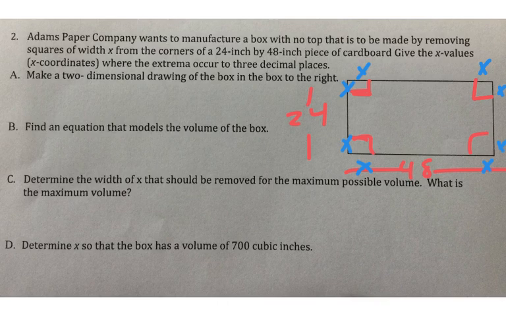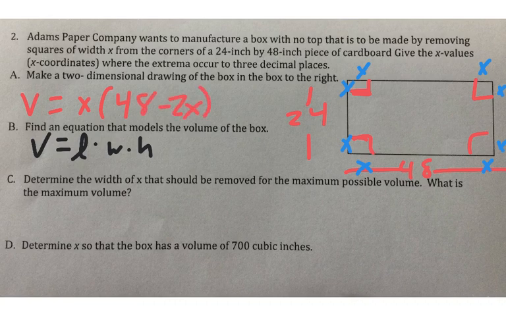And then, volume is length times width times height. Here, we know the height is X. The length used to be 48, but I cut off an X and another X, so the length is 48 minus 2X.